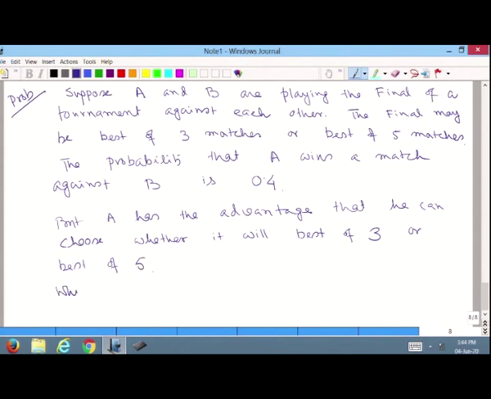Which one will A choose? So, that is the question.